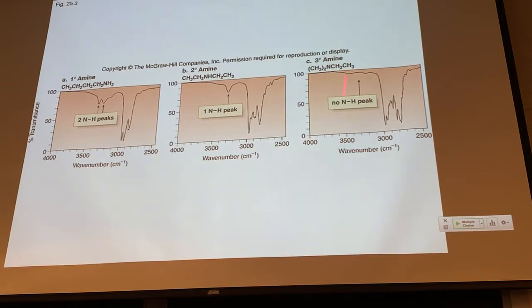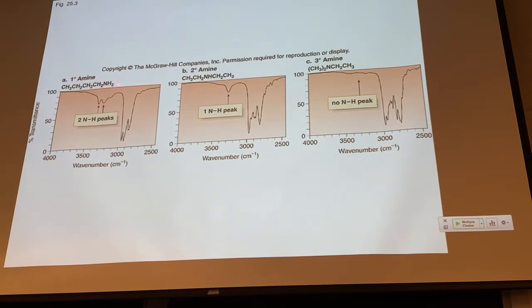Of course, if we have a tertiary amine, there will not be an NH stretch. So if you have a molecule that has a nitrogen atom according to the mass spec and no NH stretch, it might be a tertiary amine. If it is a secondary amine, it has 1 NH peak because there's only 1 NH bond. If it's a primary amine, it has 2 peaks in that region.